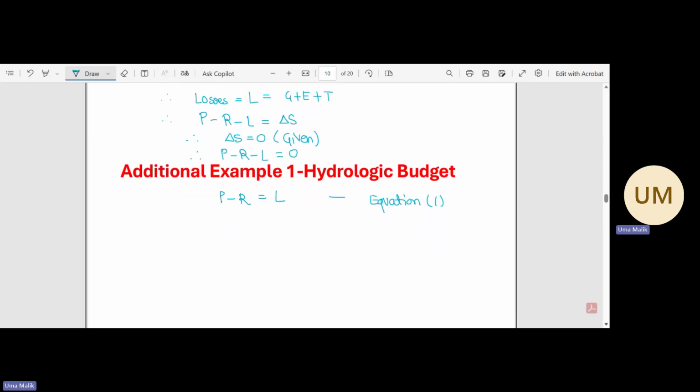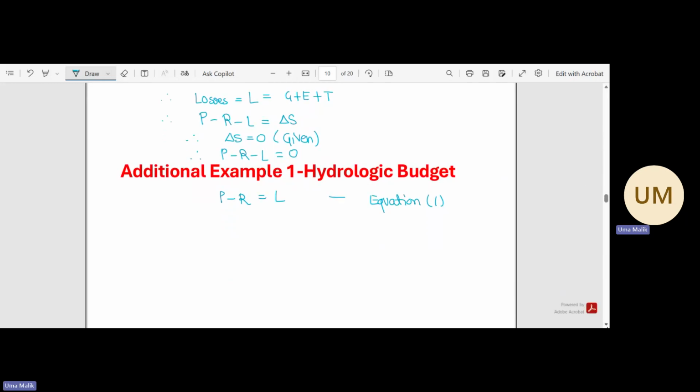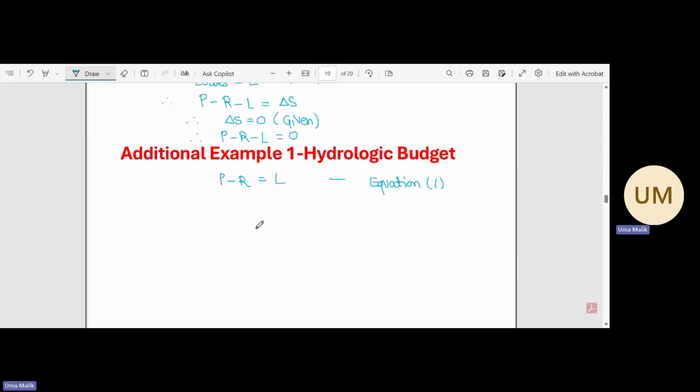Now let's see what was the given value of P. P is given to us, as we have already written there. Now we know the units can be either in volume or in depth.